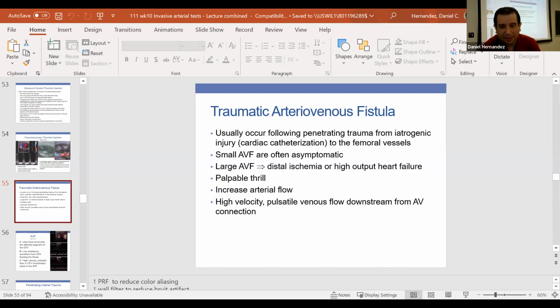On the venous side, we have high velocity pulsatile venous flow now. So it's that mixed signal between arteries and veins.